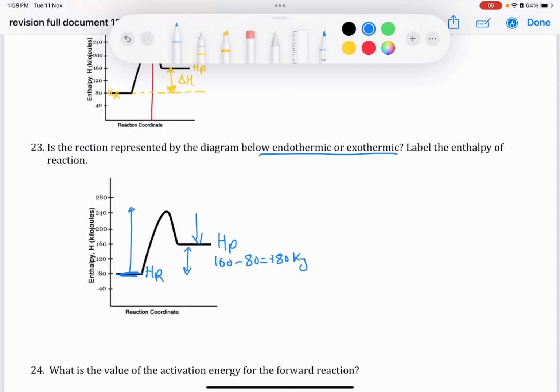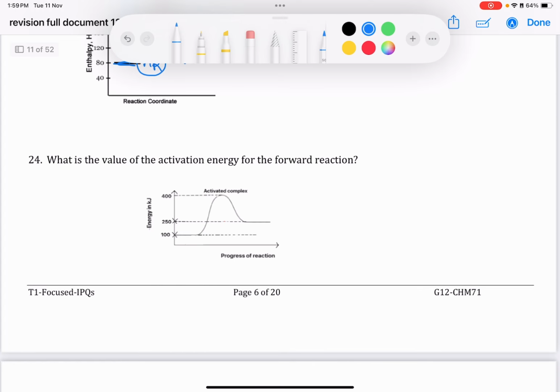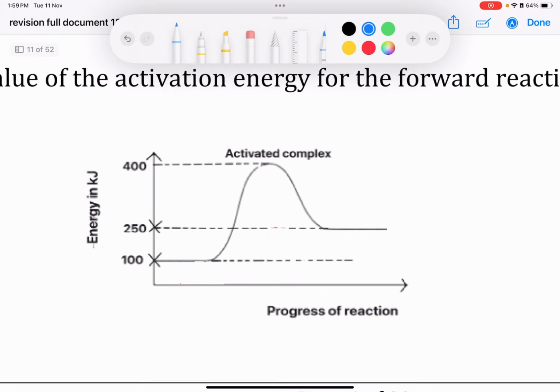So for all these reasons, I would say that this reaction is endothermic because delta H is positive, or because the enthalpy of reactant is less than the enthalpy of product, or because energy absorbed is more than the energy released.